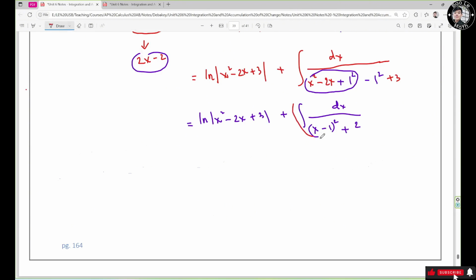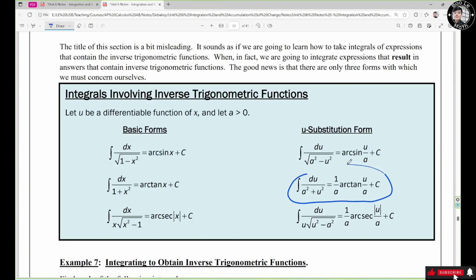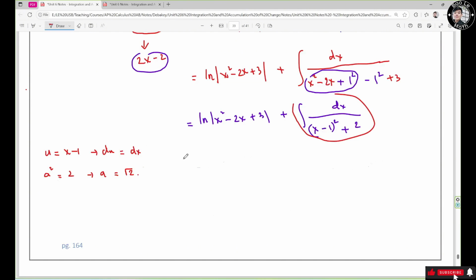Now to calculate this one, I need to let u be s minus 1, then du equals ds. And I have a squared equals 2, then a equals square root of 2. So I can apply the formula right here.